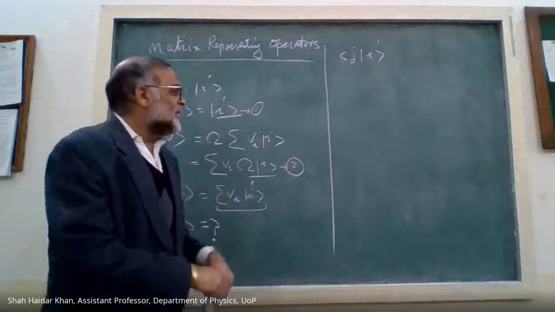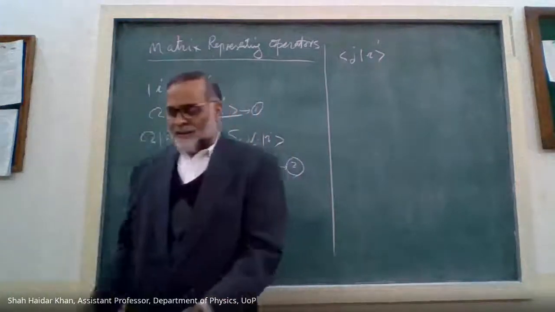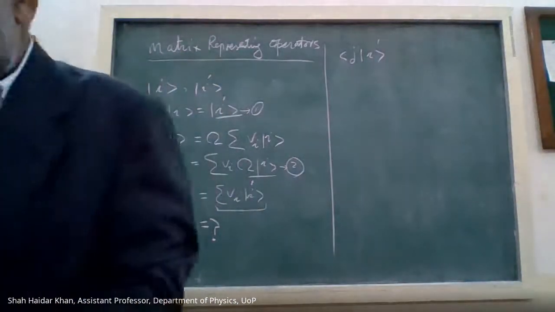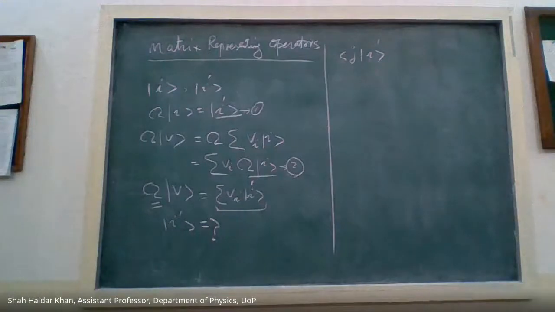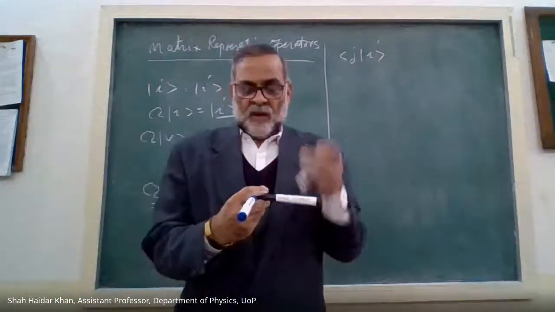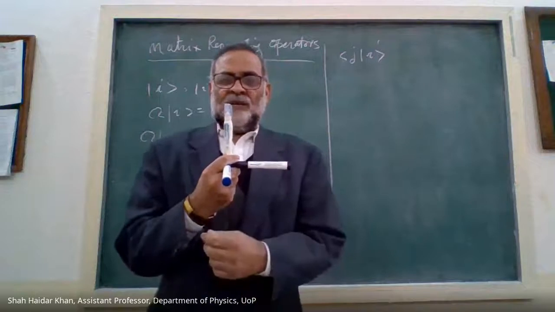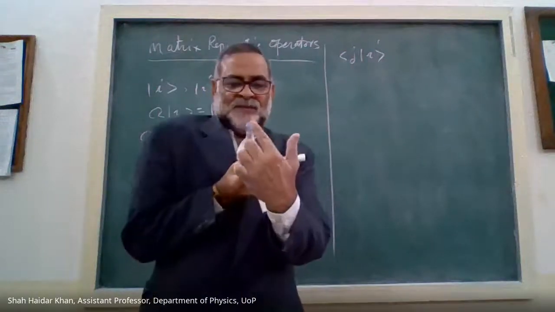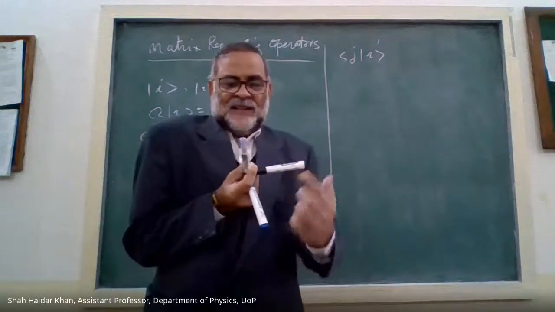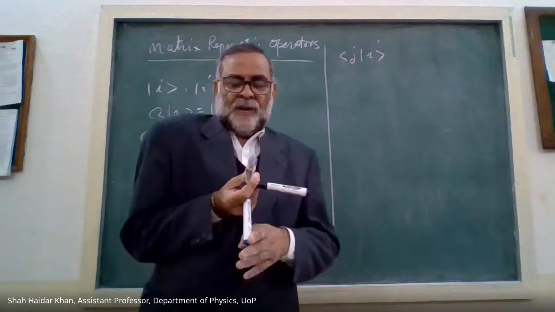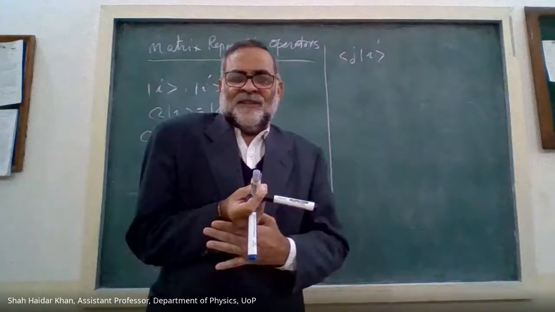For example, we have these basis vectors on the axes, I, J, and K. These are three basis vectors. Now I am applying some rotation operator.